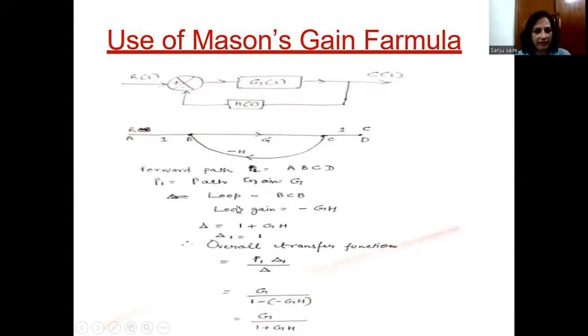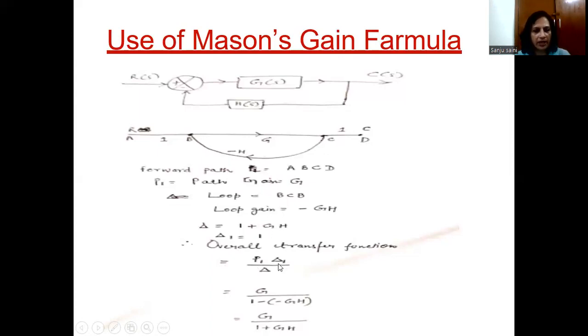Then we have one forward path with a gain of G. When we apply Mason's gain formula, we take the summation of all the paths multiplied by the corresponding delta. There is only one forward path P1, and the corresponding delta is delta 1. So the numerator will consist of P1 into delta 1, and the denominator will have the value of delta. Delta we have already calculated, and P1 we know.